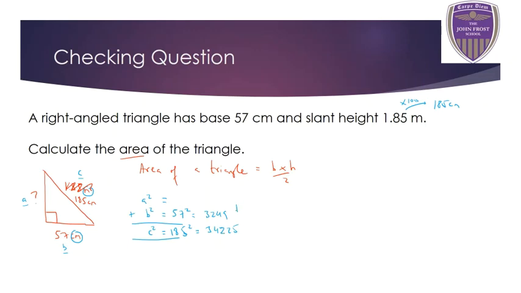Remember now that something add 3,249 is 34,225. To work that out, I will just do 34,225 take away 3,249.